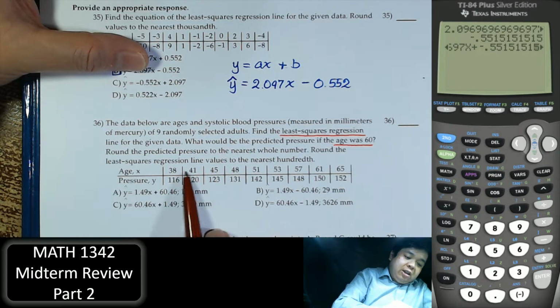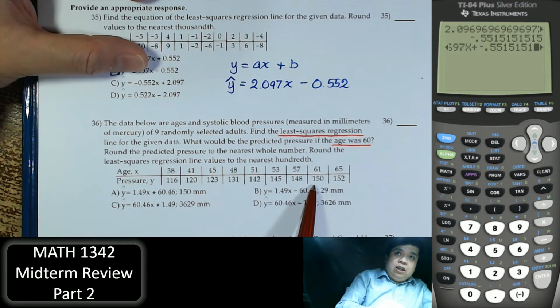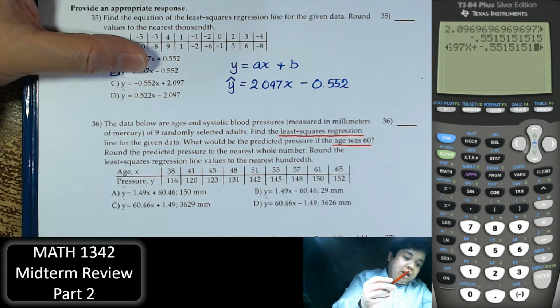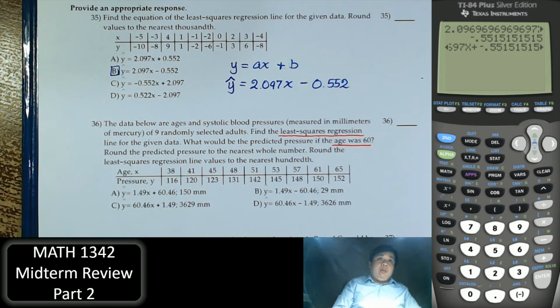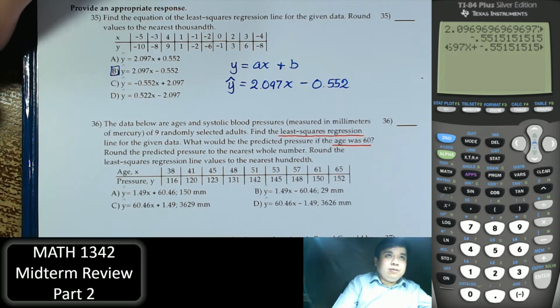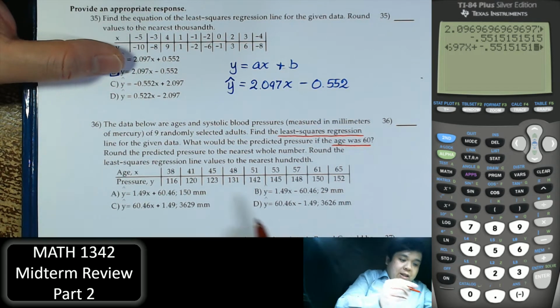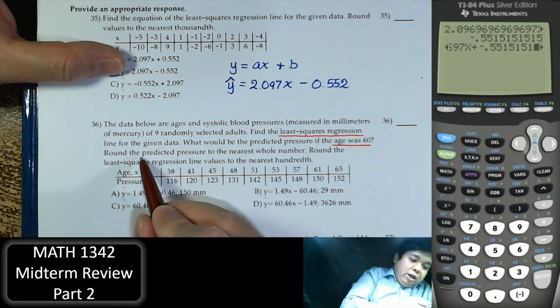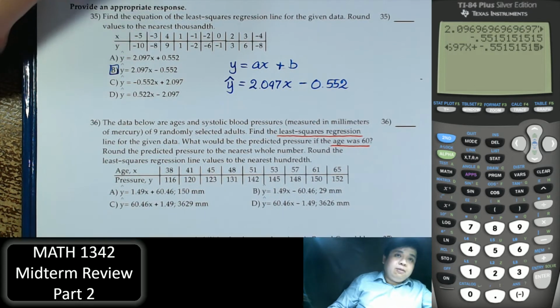Notice that 60 is not one of the points, so we're going to predict based on the equation that we come up with. Now with this age, we predict the blood pressure. Right. So do the same thing.